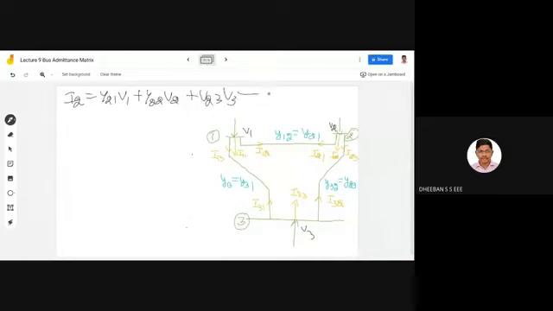This will be your third equation. Similarly, you have to form the equation for bus 3. Just calculate that; I'll be finally writing the final one.